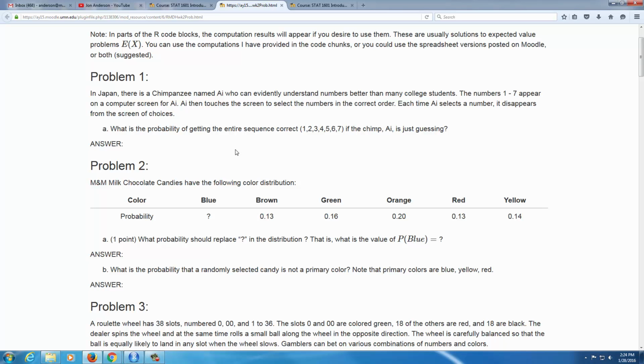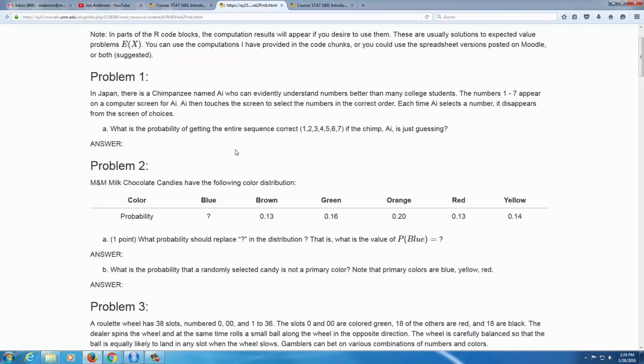talks about a chimp who is faced with a computer screen and the numbers 1 to 7 appear randomly on the screen all at once, and then the chimp touches the numbers in the right order, and every time a number is touched it disappears off the touch screen.